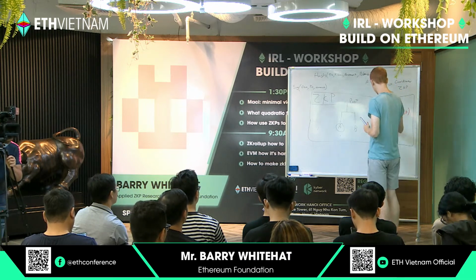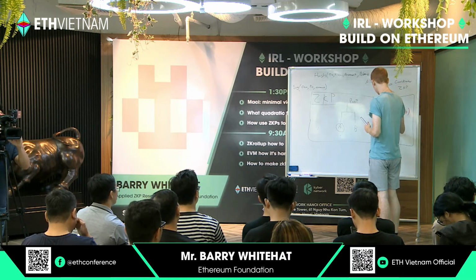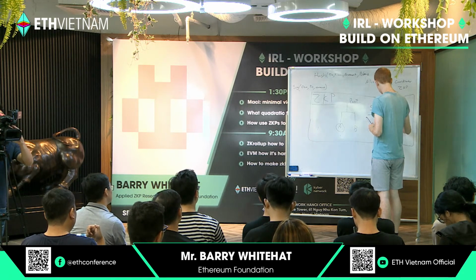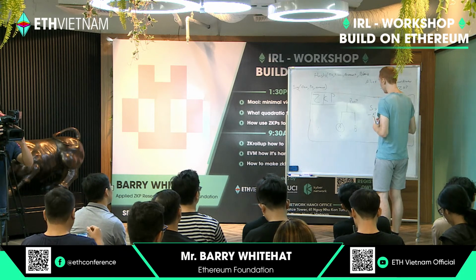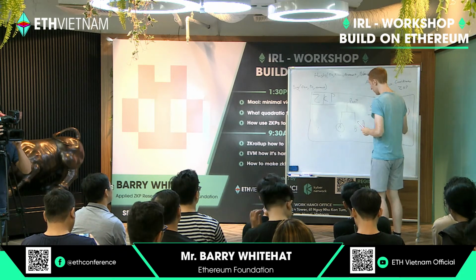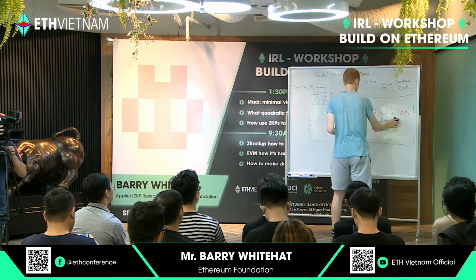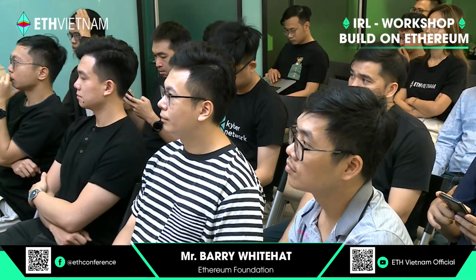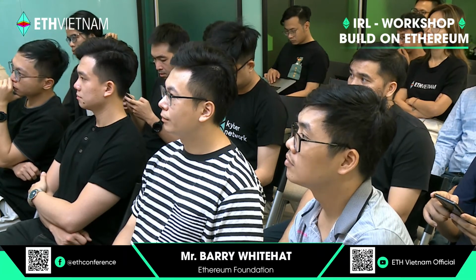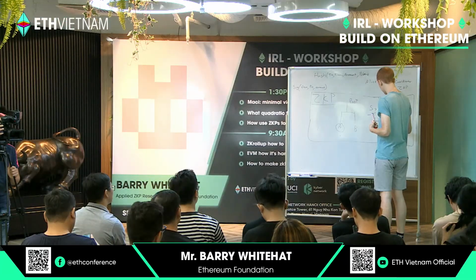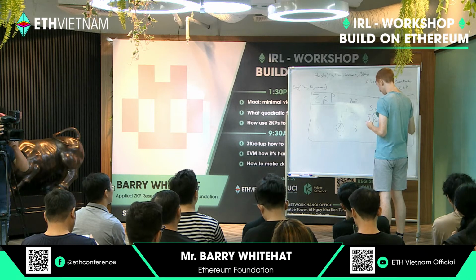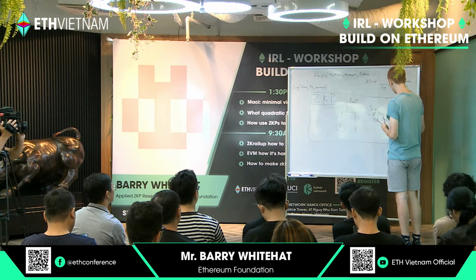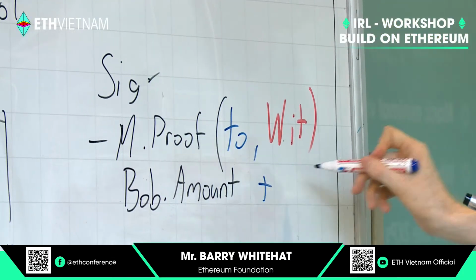So it's balance. Bob.amount plus this, that should be in black if I'm still following the same plan. So it's Bob.amount plus, it's from the signature, it's amount, so it's blue.